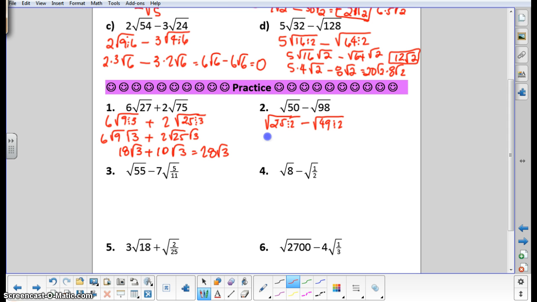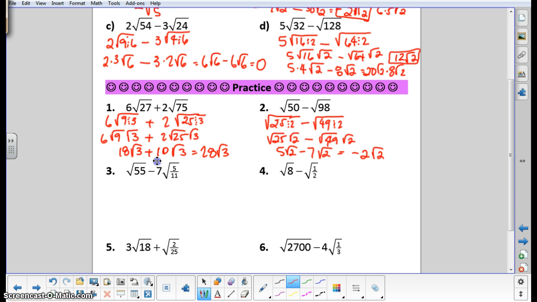So square root of 25, square root of 2, minus square root of 49, square root of 2. Square root of 25 is 5 times that root 2. Square root of 49 is 7 times that root 2. And we add those together and we get negative 2 root 2.